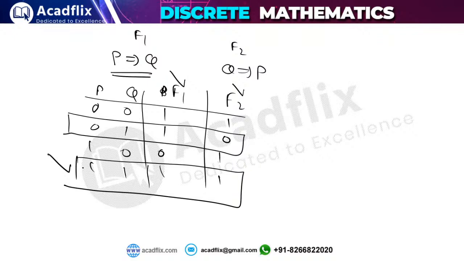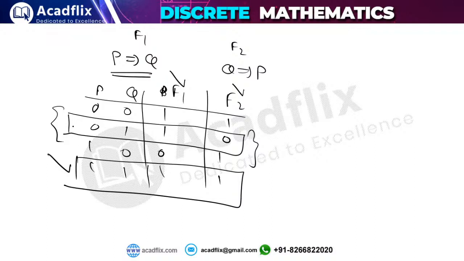So remember, we are only focusing on at least one situation in which they have different truth value. Don't think that in all situations they should have different truth value. When two things are not equivalent, then in at least one situation they must have different truth value, only in at least one situation.